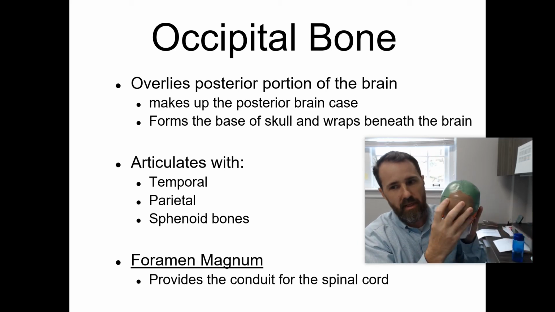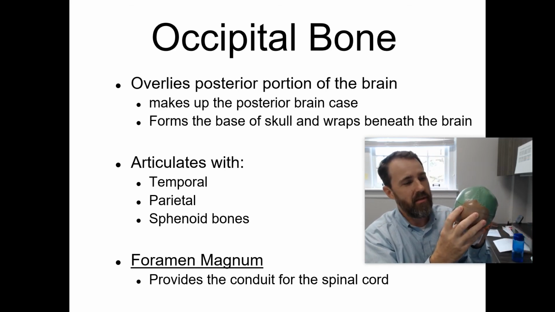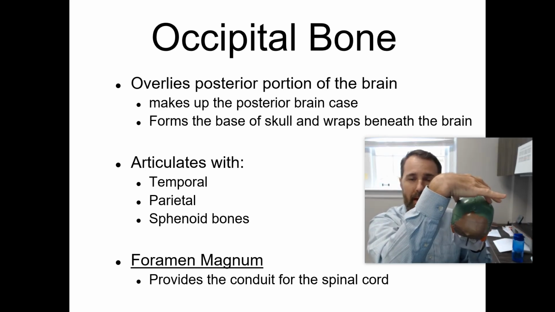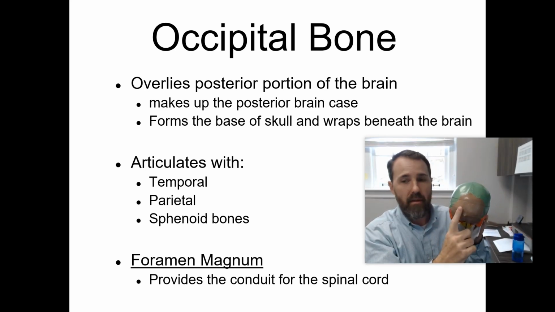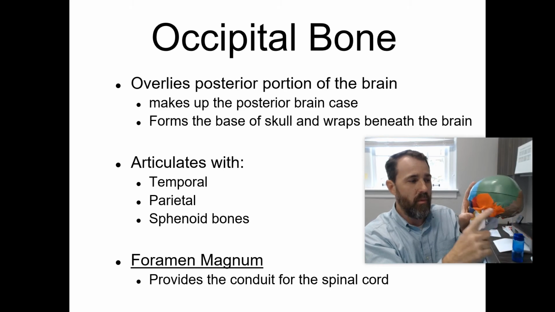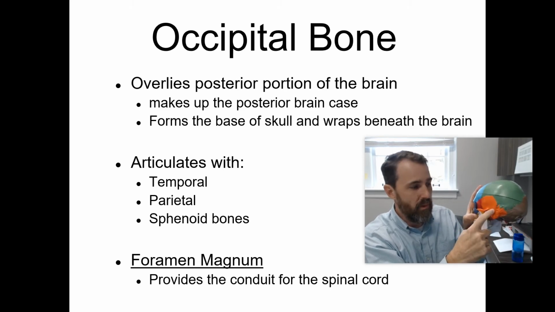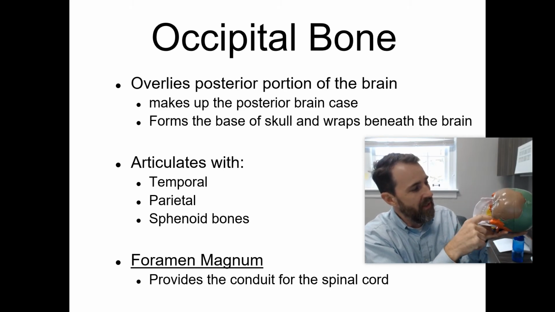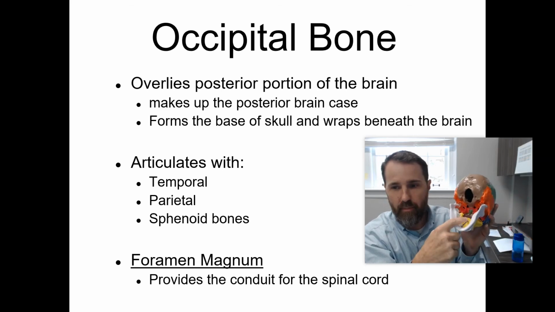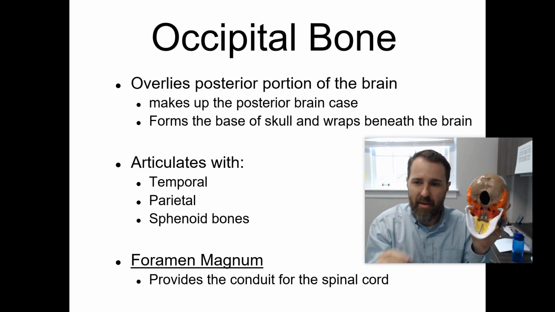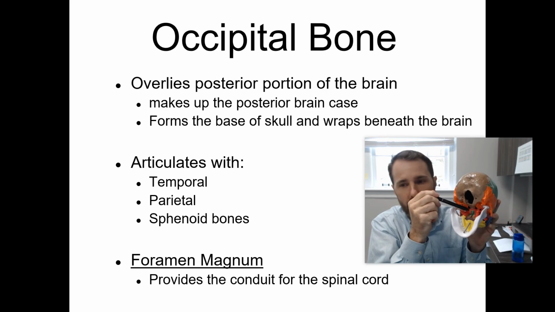And the occipital bone, as you can see, articulates with the parietal bones. The occipital bone articulates with the temporal bone, which we're going to get to next. And you can't see it very well, but the temporal bone also articulates with the sphenoid.